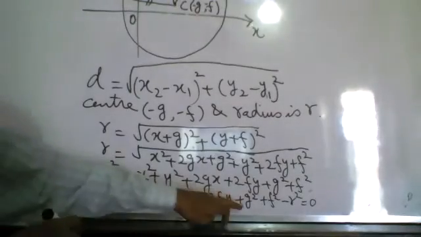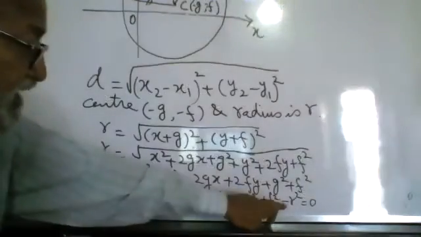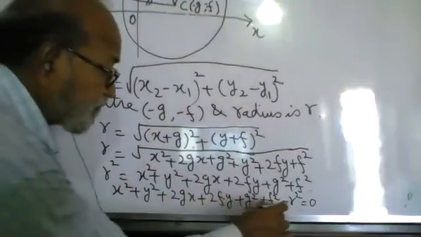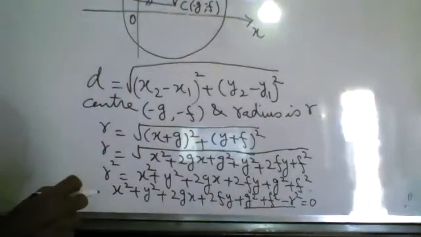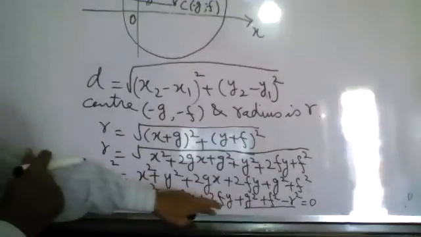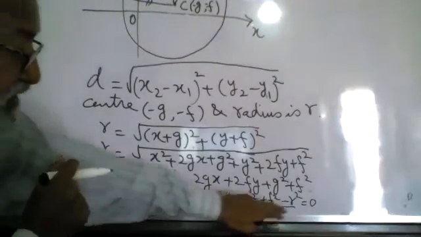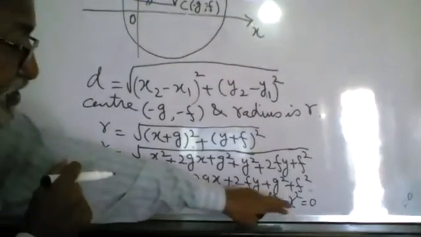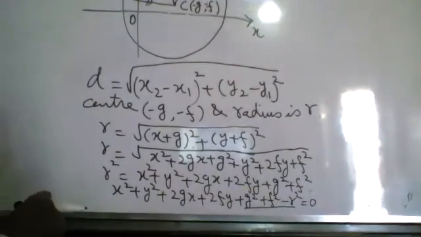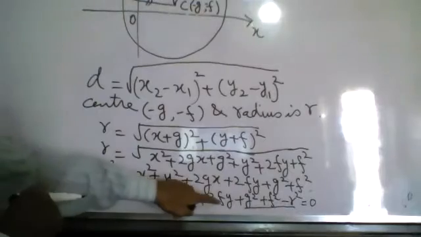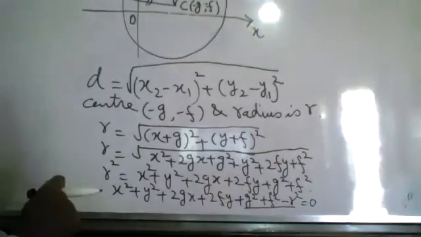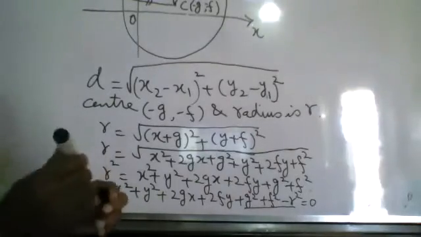Now if we replace g square plus f square minus r square by c, these are the constants, it will become x square plus y square plus 2gx plus 2fy plus c equal to 0.